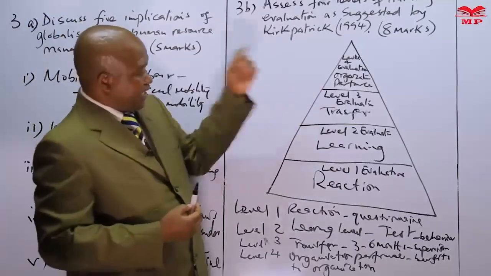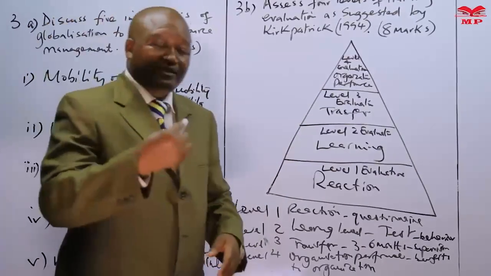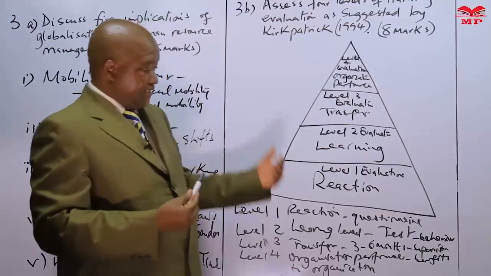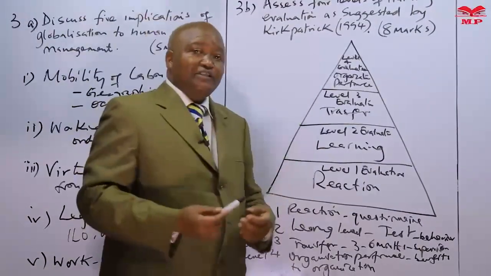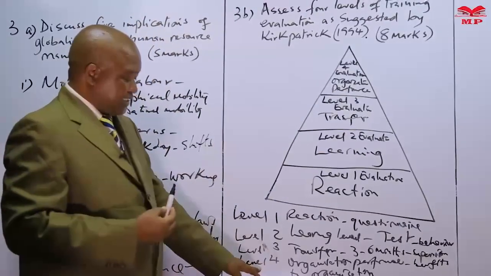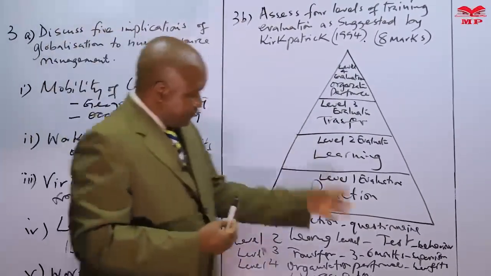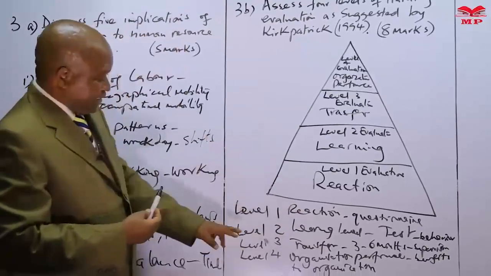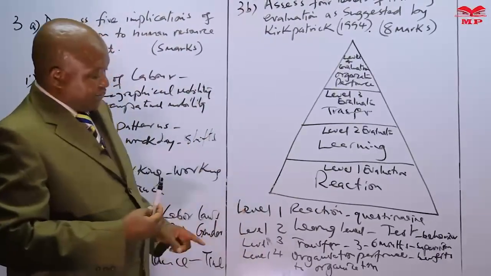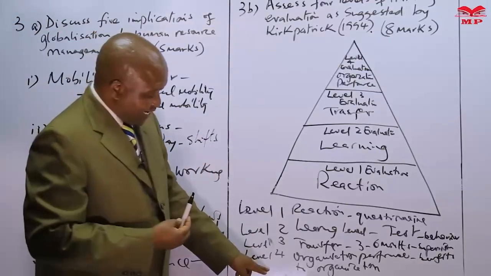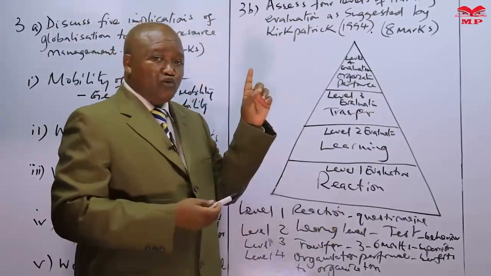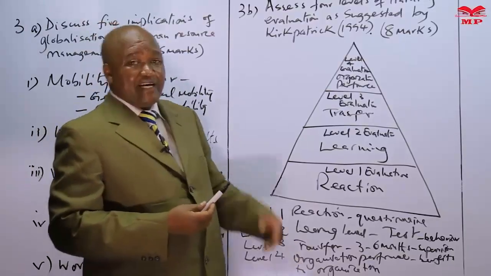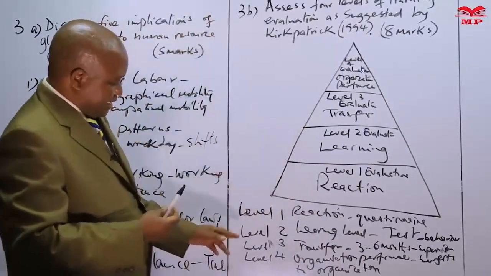For instance, if an employee was taken for training and this employee works in the customer care department, if there initially used to be complaints that could not be handled by this employee, and after the training the organization realizes that complaints from customers have reduced, or if this employee was deployed in a department where quality was low and there was a lot of wastage of materials and resources, but after the training the organization can save on time, produce quality materials, and have fewer complaints and fewer conflicts within the work environment, then this is the ultimate goal for the training, and it can be concluded that this particular training has added value.